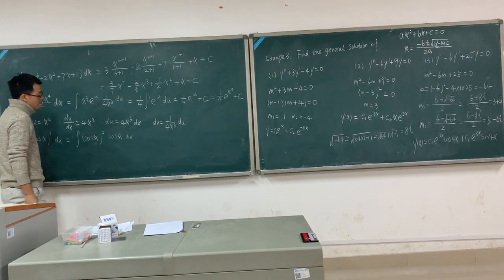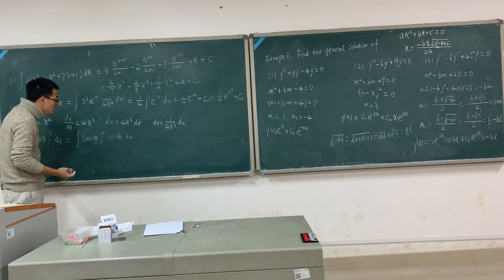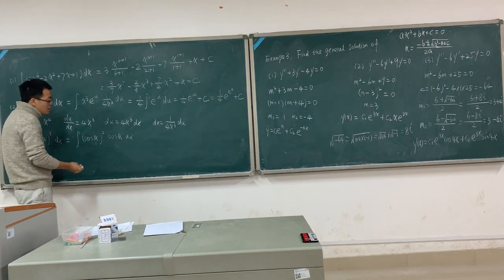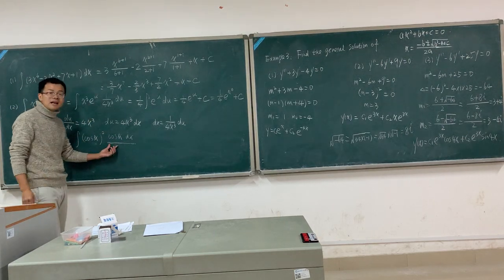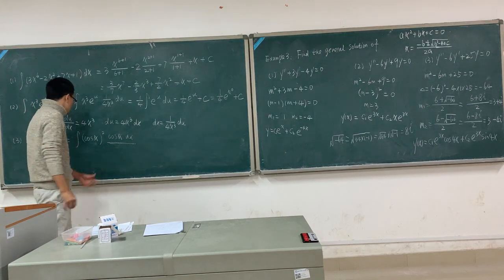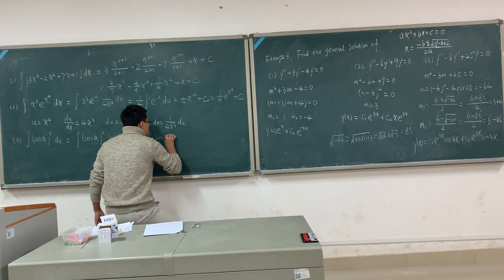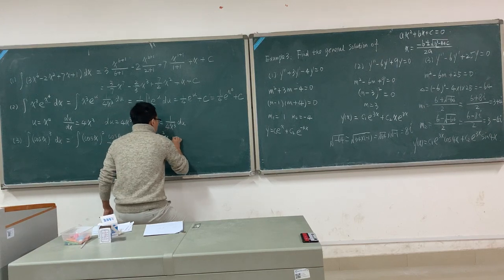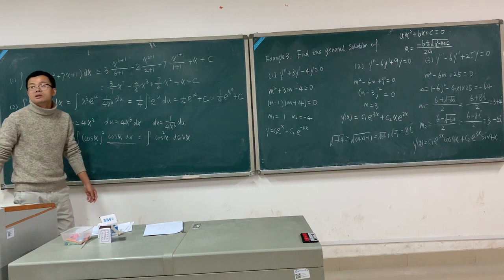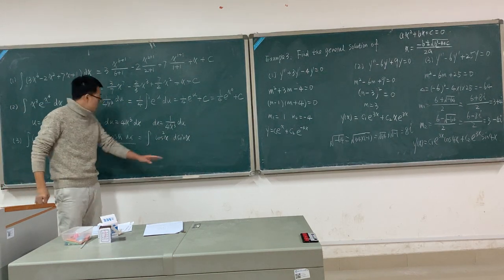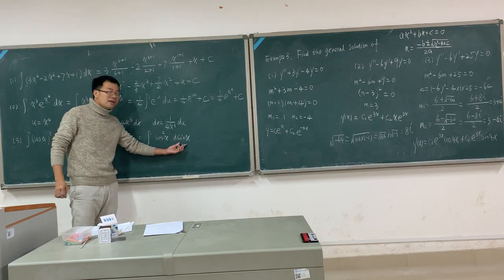And now we use the u substitution. We let u equal to what? This part, cosine x dx, we can rewrite as d sin x, because the derivative of sin is cosine. So here is cosine squared d sin x.